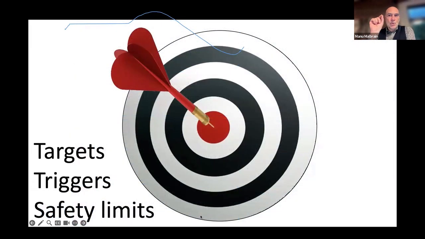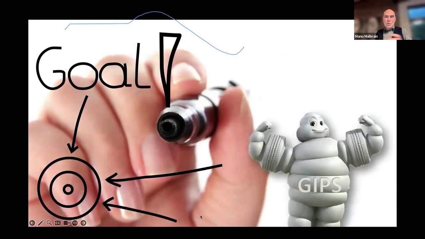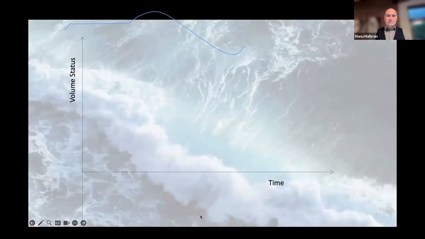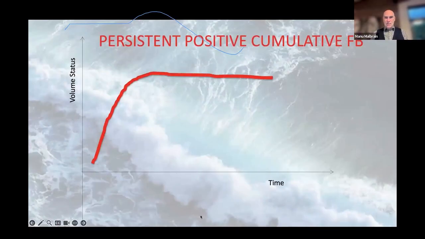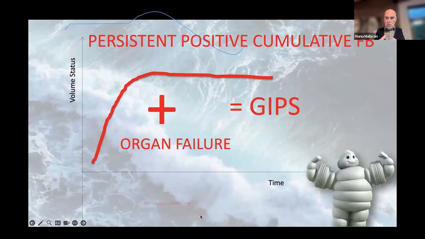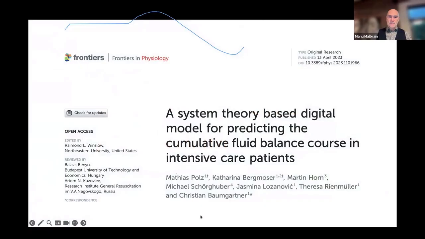So it's important to choose your targets, triggers, and safety limits, because the goal is to avoid this global increased permeability syndrome, or the Michelin Man, which is a persistent positive cumulative fluid balance with organ failure related to the capillary leak. So especially it's pulmonary edema, it's venous congestion, it's abdominal hypertension, and so forth.